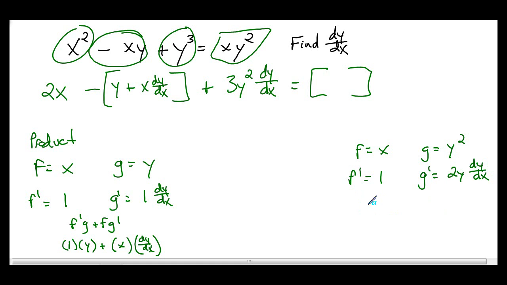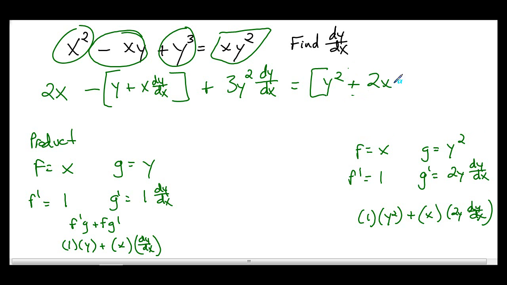And putting it together using the product rule, I'm going to have 1 times my y squared plus my x times my 2y dy/dx. So when I put them all together, I'm going to have y squared plus, putting the leading coefficient out front, 2xy dy/dx.